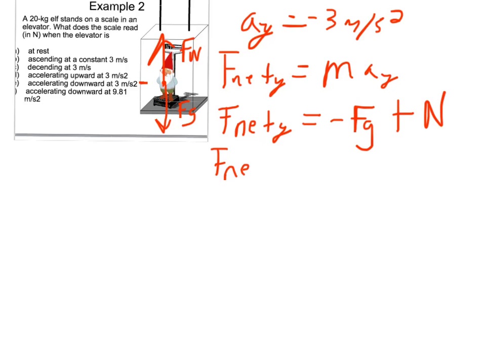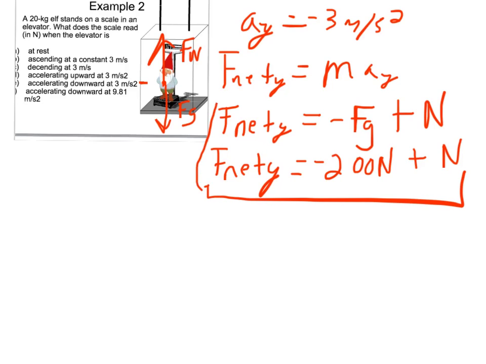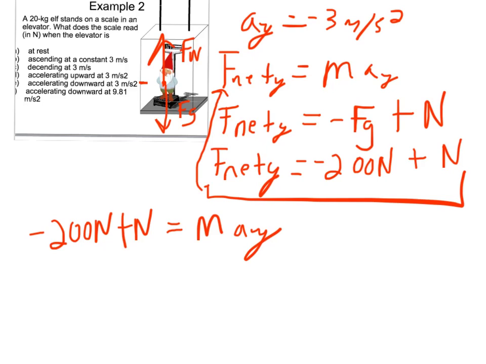His mass has not changed, and so his weight has not changed, plus the normal force. We're going to sub in this F net up here, so negative 200 newtons plus the normal force equals mass times acceleration in y.